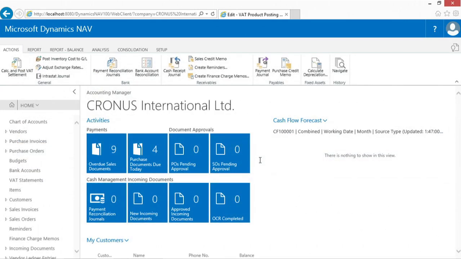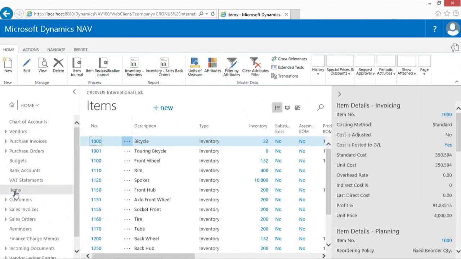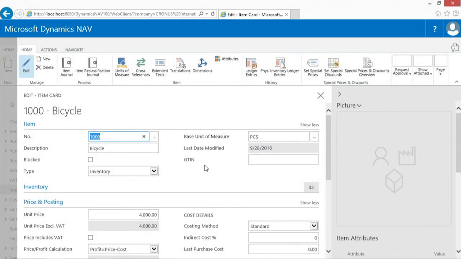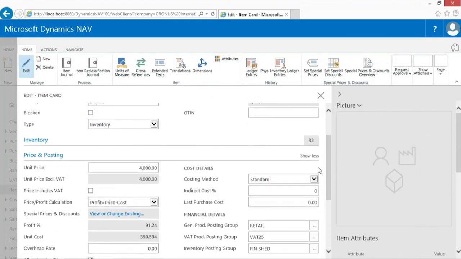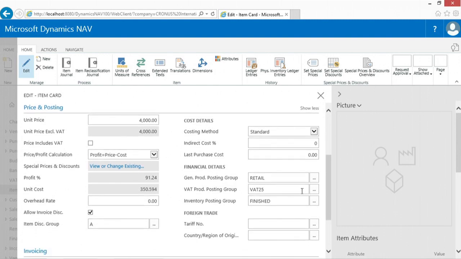So to what do we need to assign the VAT product posting groups? Well, everything that is a product and that should require VAT calculation. So in first place, of course, items. So if you go to an item, and if Krones is, for example, selling bicycles, they should charge VAT to the customer, and that's done based on the VAT product posting group.